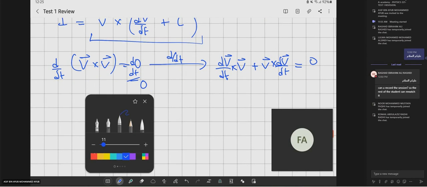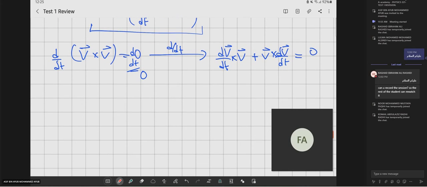Now, if you remember, another property of the cross product was that a cross b equals minus b cross a. If I take this to be b, this to be a, this is equal to the negative of this. So in that case, it makes sense. This would cancel out and you'll get 0.